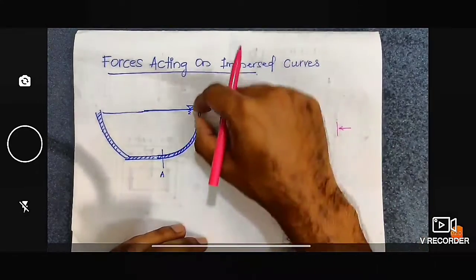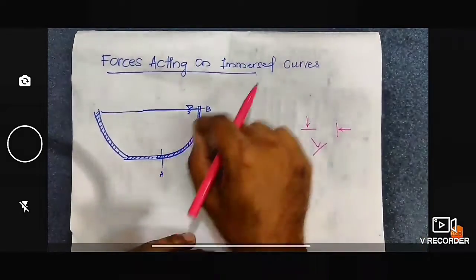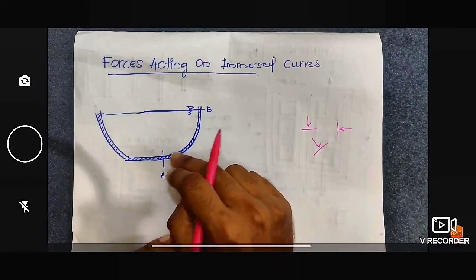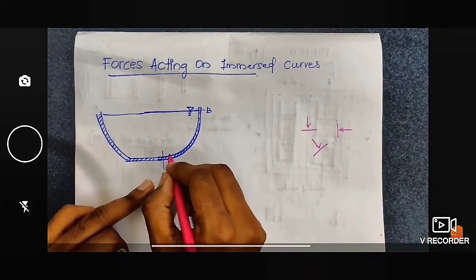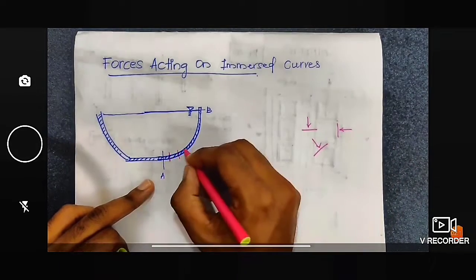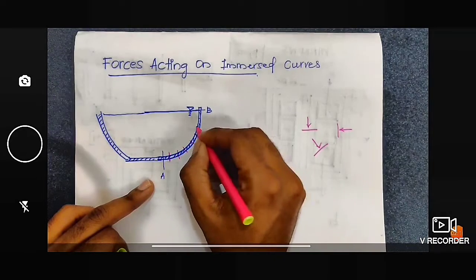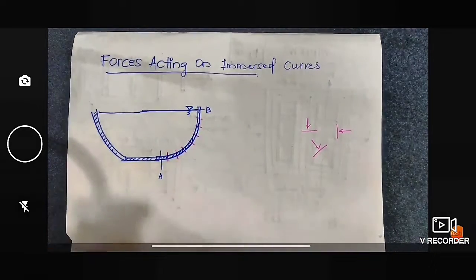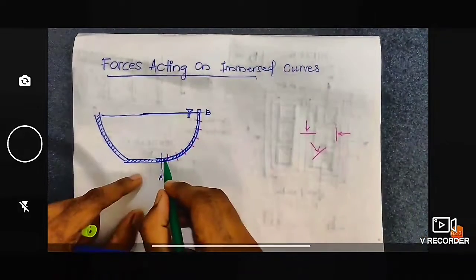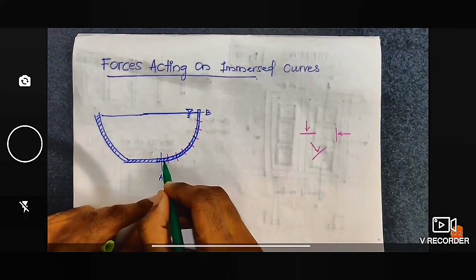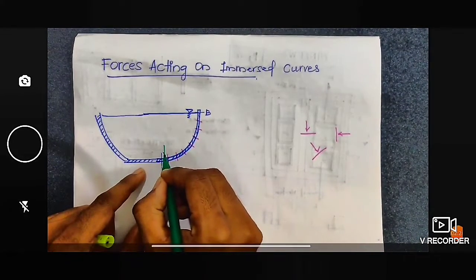So what happens to the curve? In a curve, at every point, the direction is changing. So I divide this into different parts, a number of parts. Just see the first part. If I take the first part, the liquid pressure acting will be perpendicular to that surface.